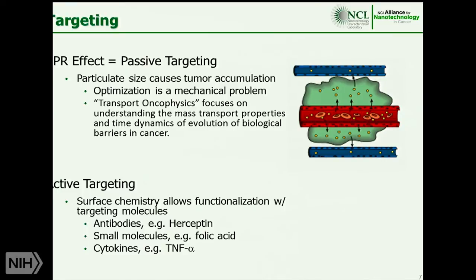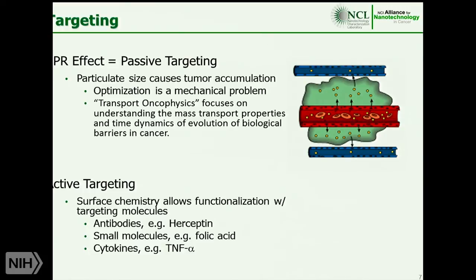The second targeting mechanism is active targeting, and it is based on attachment to the particle surface of specific ligands, such as antibodies or small molecules or macromolecules like cytokines, which recognize their cognate receptors on the surface of cancer cells.